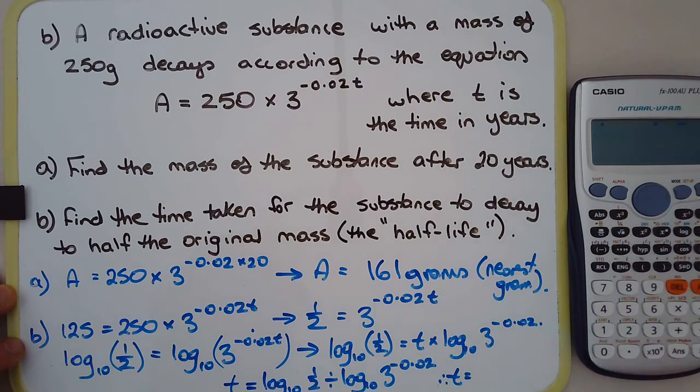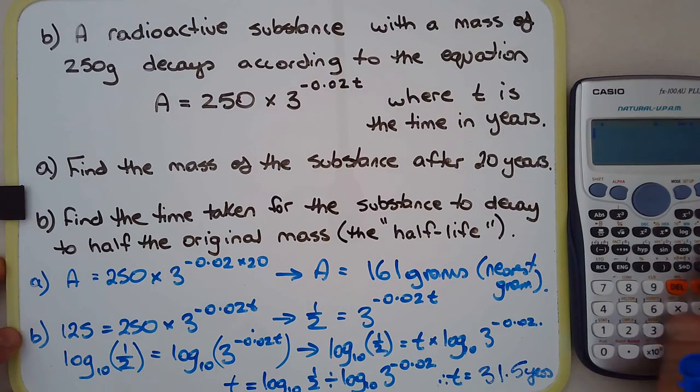Let's put the bracket there, sorry about that. We get 31.5 years, just to 1 decimal place. So in other words, if we wait roughly 31.5 years, the substance will decay to half its mass.